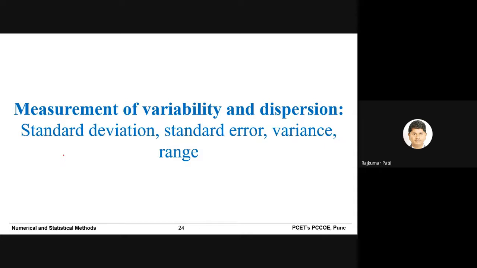So we cannot say that the average 5 is a good indicator. So along with that, we need to come up with some more measures related to variability and dispersion, and they are standard deviation, standard error, variance and range.